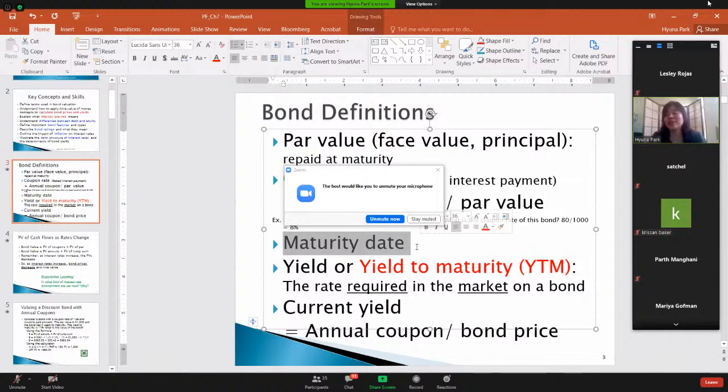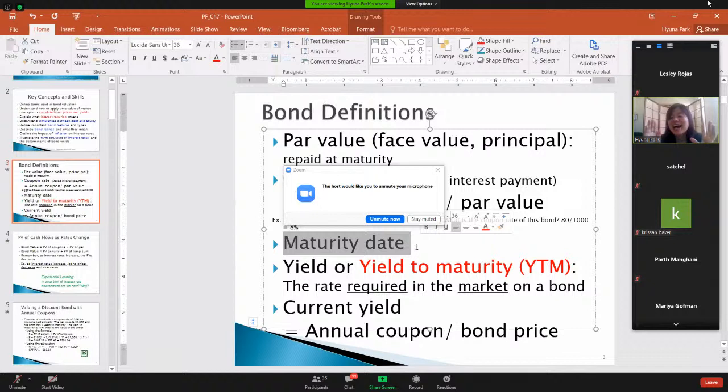Can be very long, 30 years, 50 years, can be very short, 1 year, some 3 years, but all bonds should have a fixed maturity date, and that should be clearly written on the contract. The contract document's name is indenture. Later you're going to learn that kind of detail. So bond contract documents should clearly show loan terms like coupon rate, maturity, par value, etc.